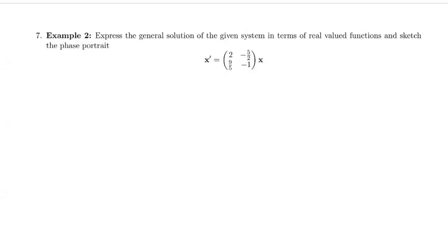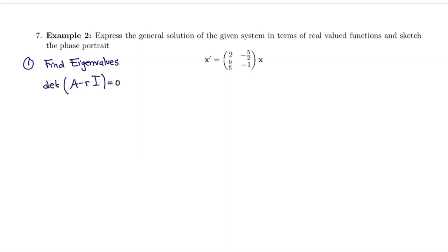Let's follow our method once again for dealing with this particular problem. We will again find first the eigenvalues, and remember we only need to pick one. And so this will be the determinant of A minus rI equal to 0.